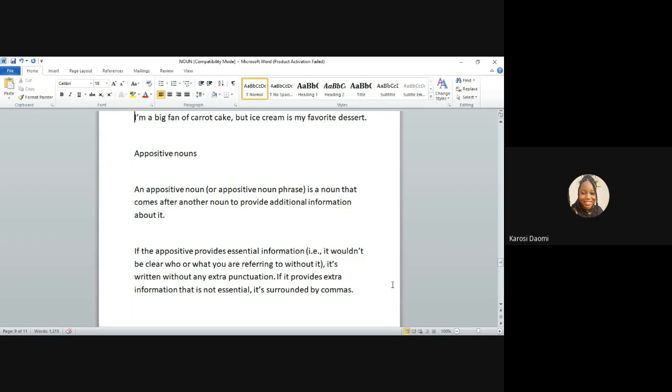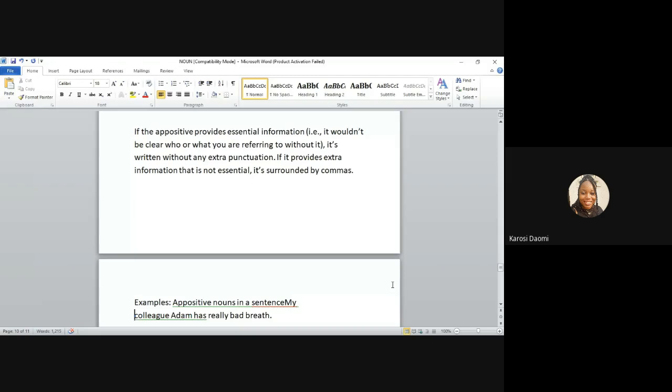If the appositive provides essential information, that is, it wouldn't be clear who or what you're referring to without it, it's written without any extra punctuation. If it provides information that is not essential, it's surrounded by commas.